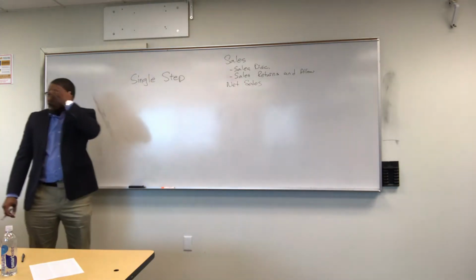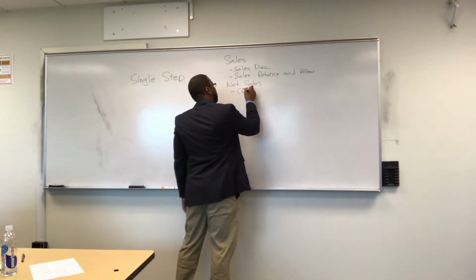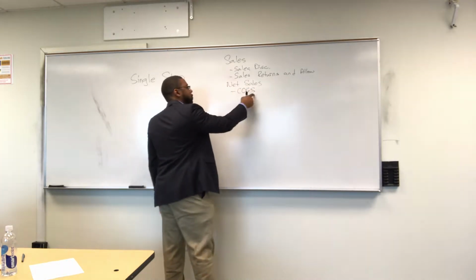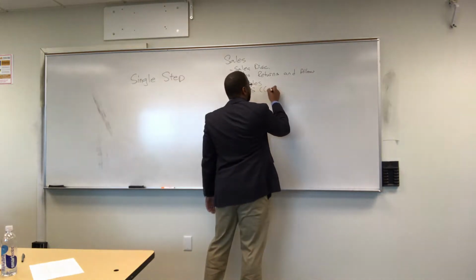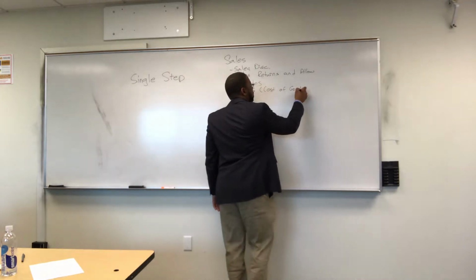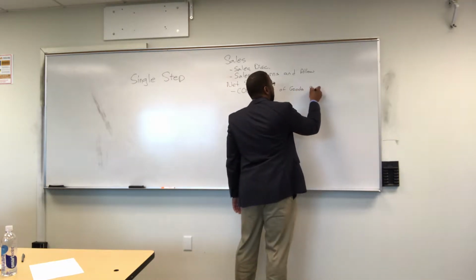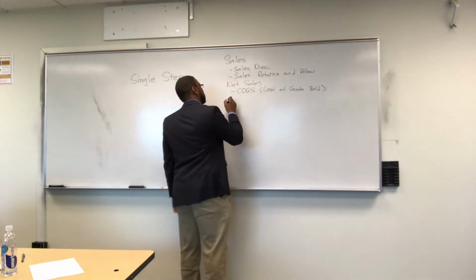And then after that, we're going to subtract cost of goods sold, most popularly COGS, cost of goods sold. You're going to get gross profit.